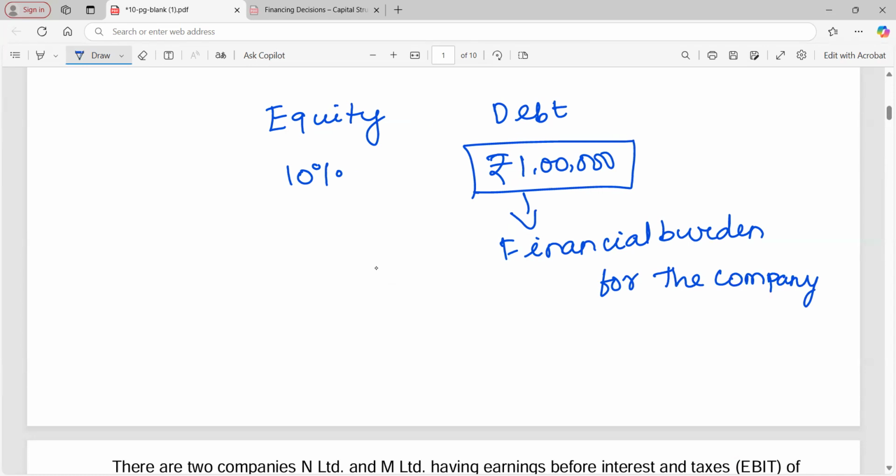This financial burden will fall upon the equity shareholders of the company because ultimately they are the owners of the company, right? Now the investor was holding 10% of equity in the company. So I can say that 10% of this financial burden will be borne by the investor. What is 10% of the financial burden? The total financial burden is 1 lakh, of which 10% will be borne by the equity shareholder, the investor holding 10%, right? So his financial burden will be 10,000 rupees.